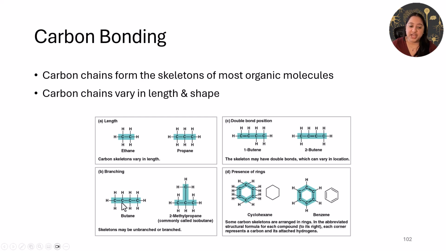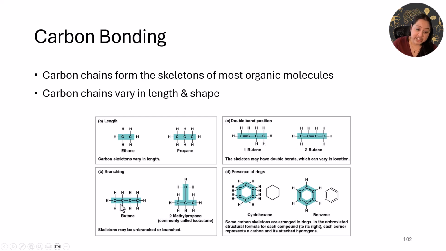If they branch out, even if a molecule has the same number of carbons and hydrogens, these small differences make them subtly different molecules. Like butene right here in panel C, they technically have the same molecular formula, but because the bonds are in different places, we'd have to add something to the name. So 1-butene, there is a double bond there. 2-butene, the double bond is there.